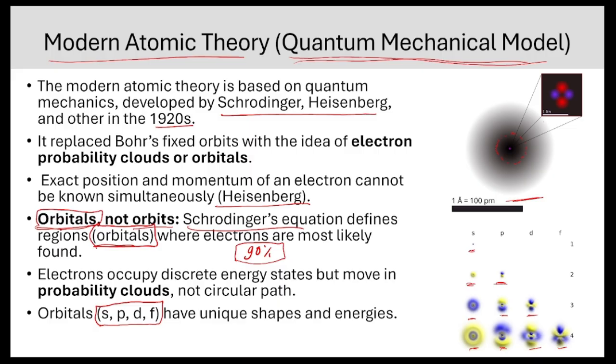The first orbital, the S orbital, is spherical. We can see here a small sphere.